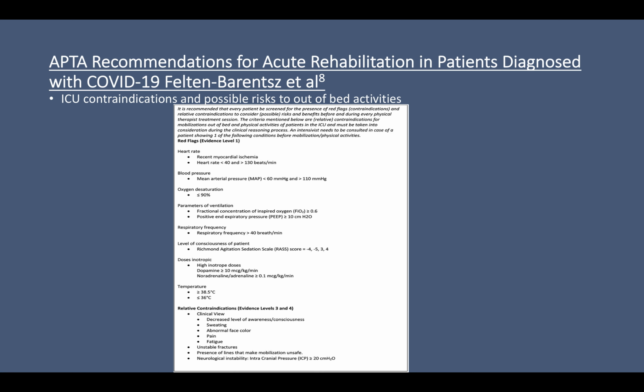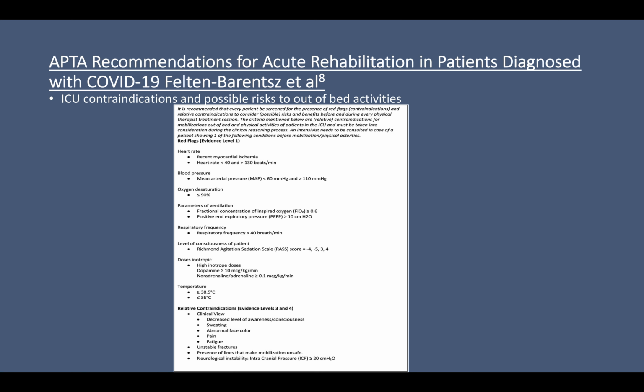So make sure we're always monitoring vitals and that this is something that is assessed constantly. And while this is for out-of-bed activities, it doesn't really apply if we're just doing bedridden activities, supine activities, or bed level activities.